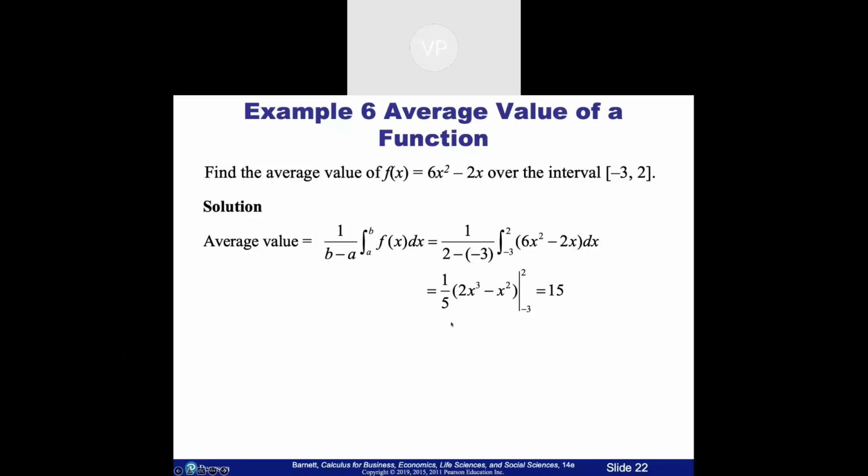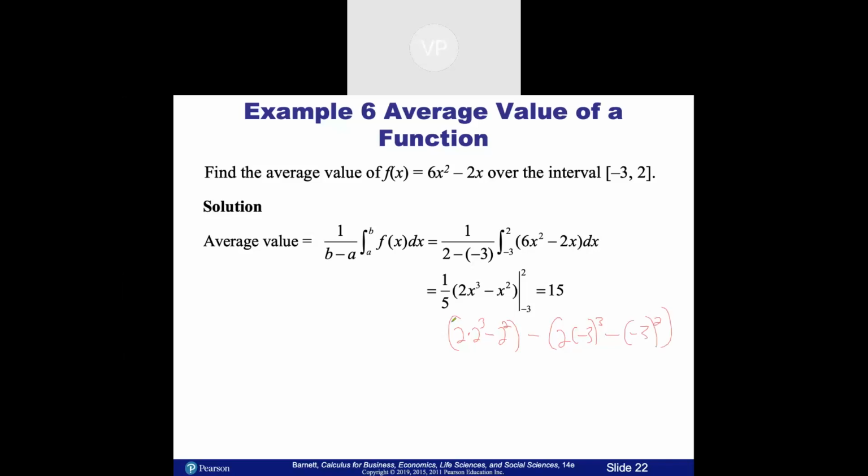They didn't write this out, but let me just show you how that worked. Remember, when you're integrating, you're going to take this same function, plug in the 2, then plug in the -3, and we're subtracting those answers.